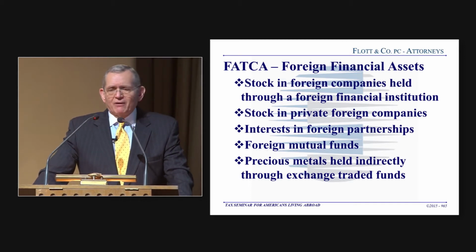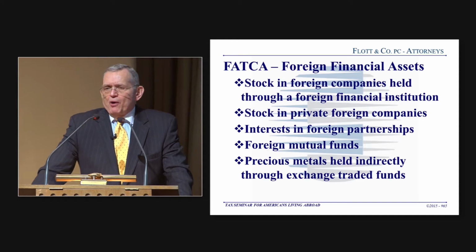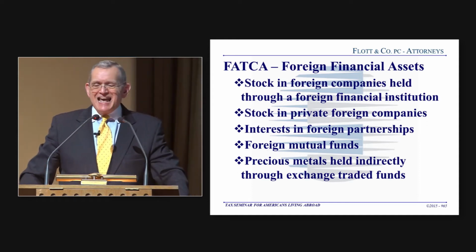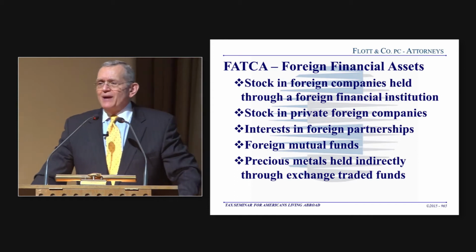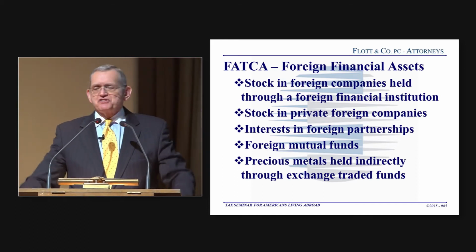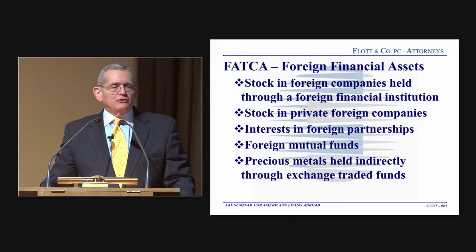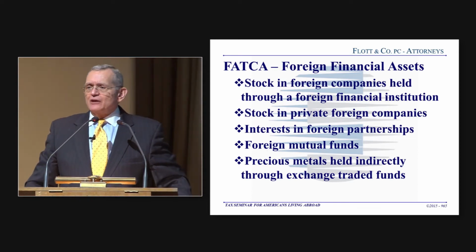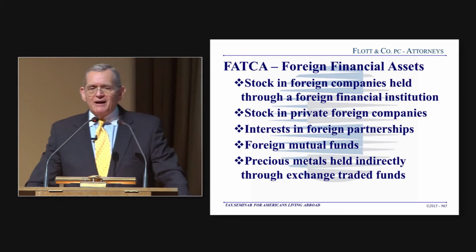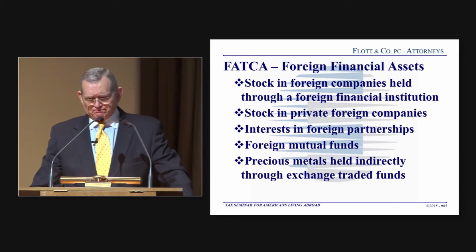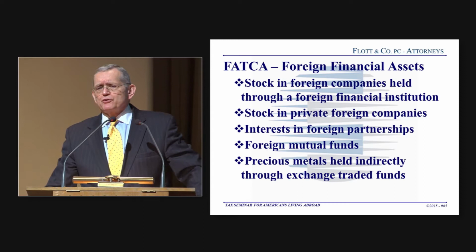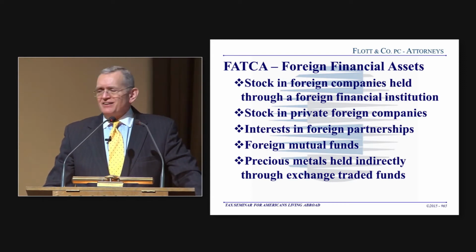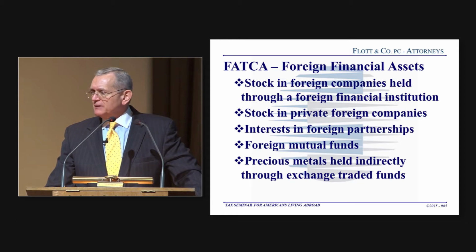Stock in private foreign companies. You and three partners have created a Greek business. You've incorporated it as an SA, and you have 30%. You're a U.S. person, the other people are not, and you have 30% of the shares. You have to report the value of those shares on your 8938. You and a couple of partners have created an OE under Greek law, which for U.S. tax purposes is a partnership.